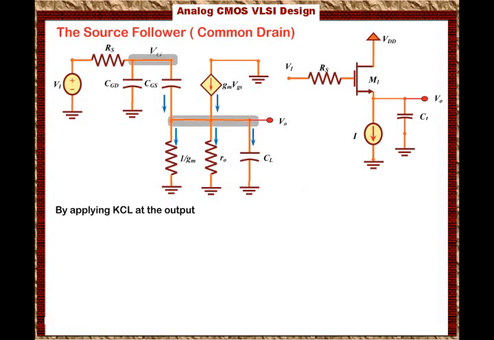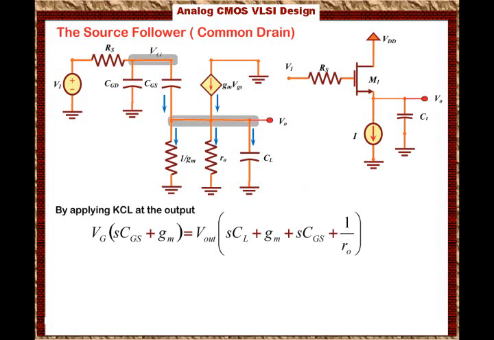When we sum the currents at this node, we come up with this equation: VG times (S times CGS plus GM), which is the sum of the currents going into the node, will equal Vout times (S times CL plus GM plus S times CGS plus 1 over RO), which equates to the currents leaving the node.